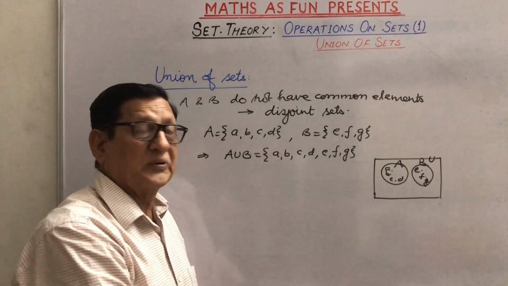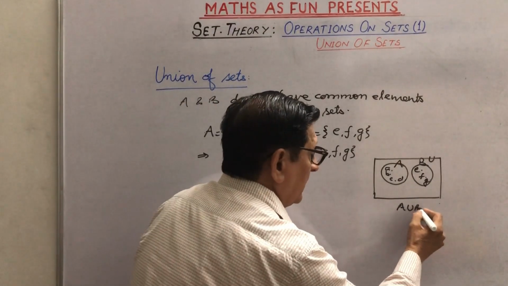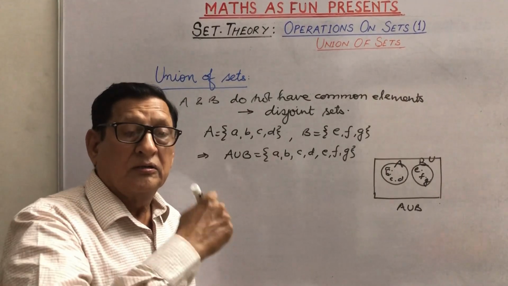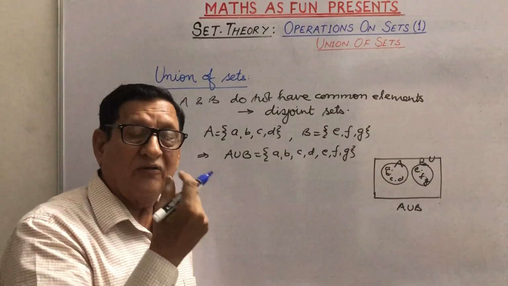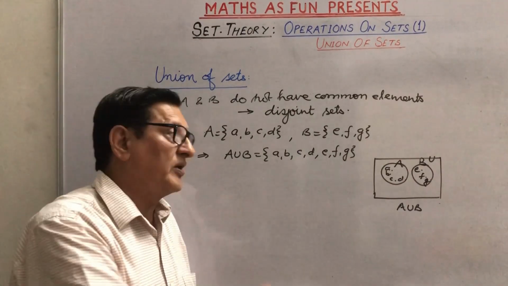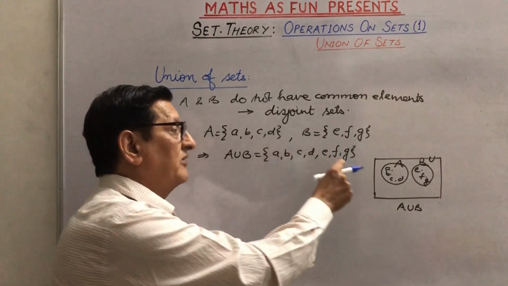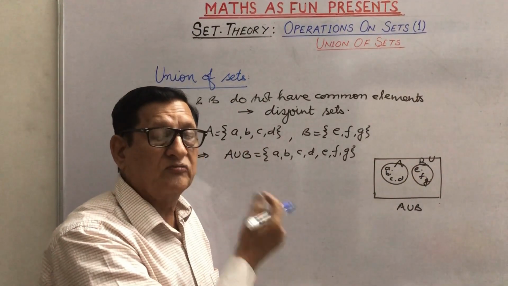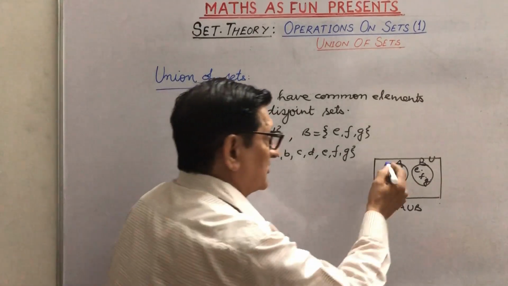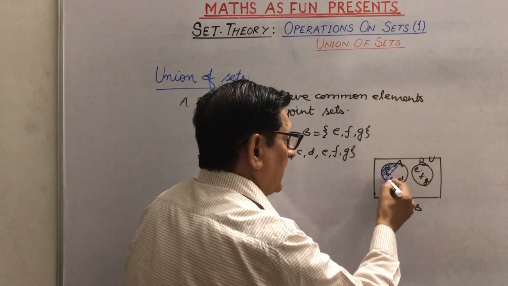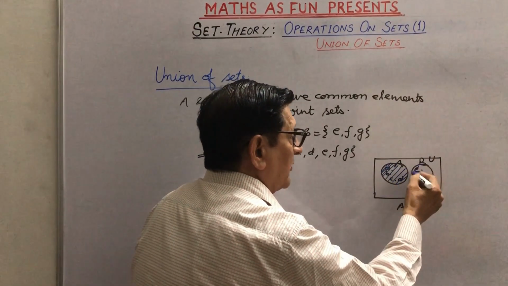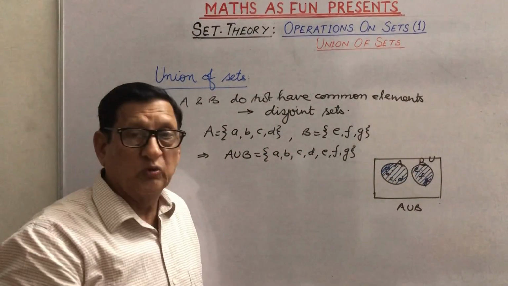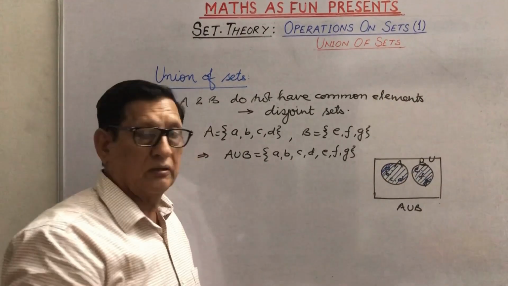And when we want to represent A union B, the same way here, if they do not have any common elements, they are away from each other, but both the sets will be shaded. So this is to be shaded, A and B. This shaded region represents union of sets A and B.